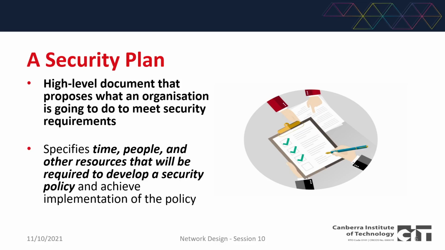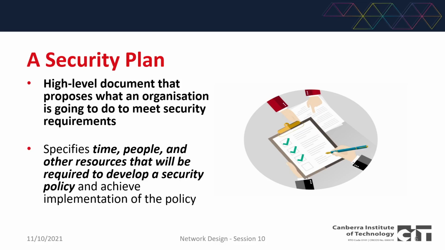It's the first step when they take ownership of the problem and they say, we need to do something about it. We don't want our company's network to be hacked, so we need to do something. And this something that they do is basically the security plan. They come up with a plan. It's a high-level document. It doesn't specify details, but it's basically going to say, we need to do this because security is critical for us right now.